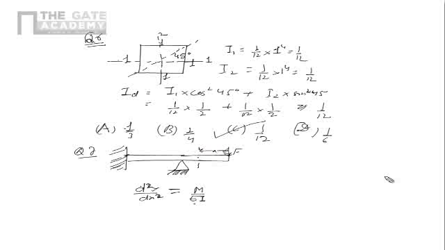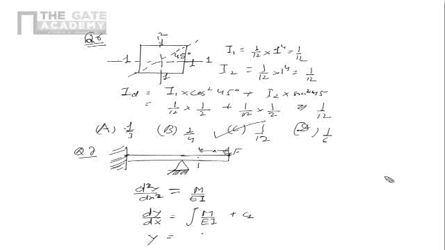We also know that the EI value is constant, since the flexural rigidity is a given quantity. So M upon EI for a given section of the beam will be constant. Now I know how I can integrate this equation once. It gives me dy by dx is equal to the integration of M upon EI plus c1.